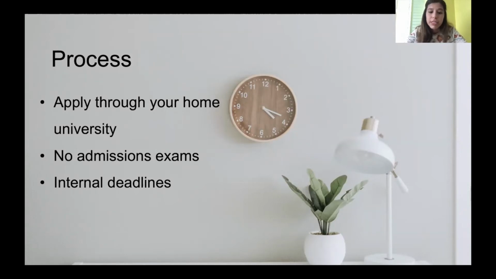Then around March and April, I started receiving communications from my host US university, and they were given to me through my UK university. So it's very uncommon for a host US university to contact you directly. They usually will contact you through your home UK university.